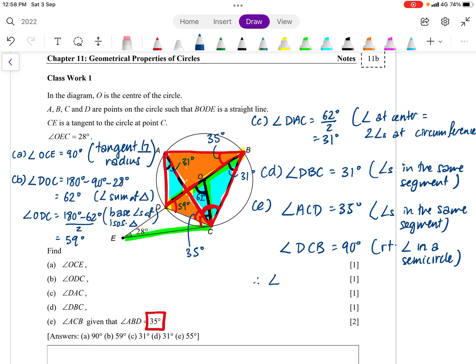Therefore, angle ACB, you take 90 degrees, take away 35 degrees, you get 55 degrees. There's no reason for this. Okay, the two reasons I've given in the previous part already: right angle in the semicircle, angles in the same segment. Okay, I hope you enjoyed this question. After doing this question, can you proceed on to class work 2?